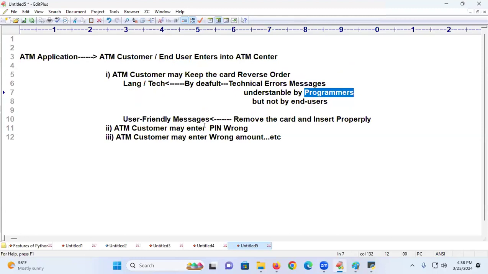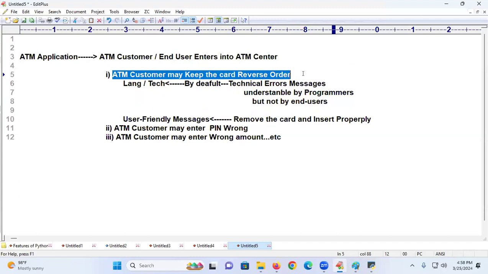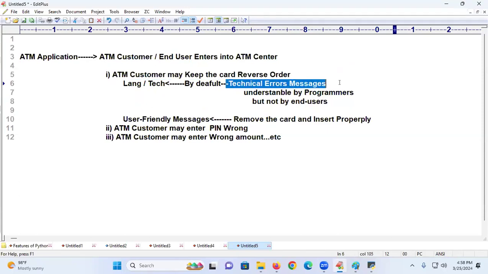Exception handling. Keeping the code in reverse order is called what? Error. Which error? Runtime error. Not a syntax error, not a logical error. It is what? Runtime error. Any mistake performed by the end user, it is which error? Runtime error. Runtime errors by default use which messages?